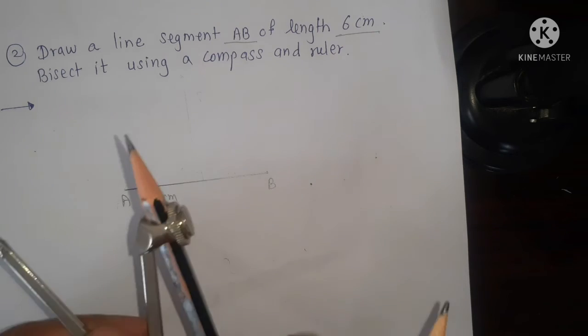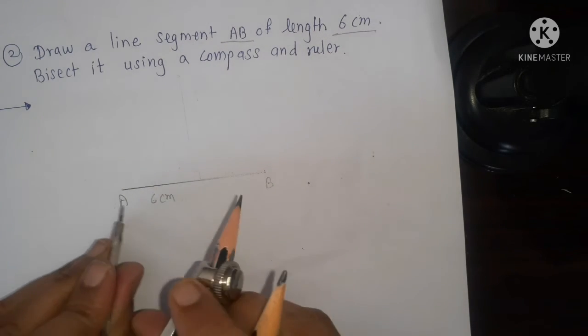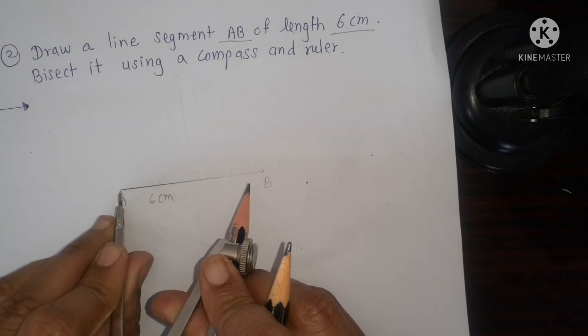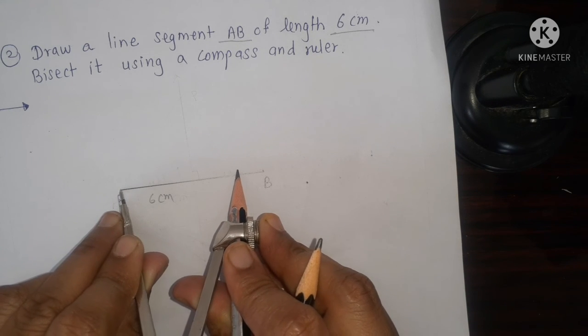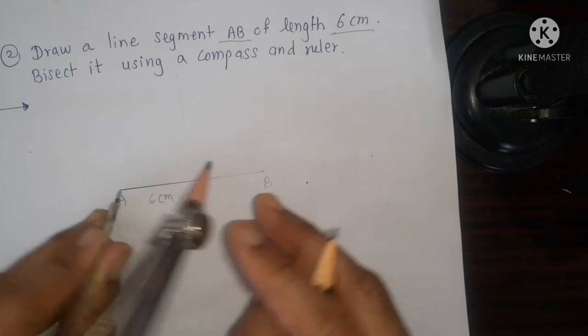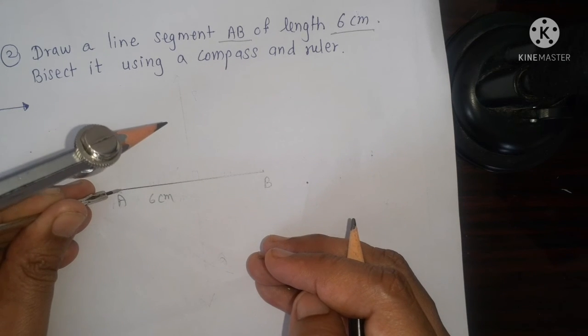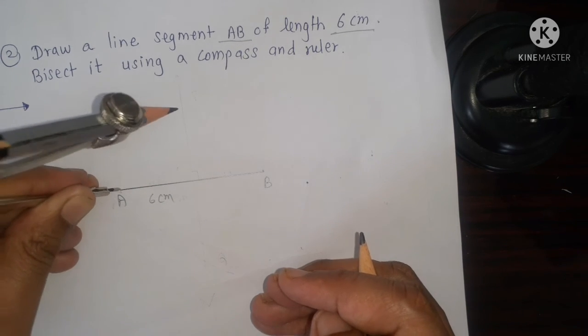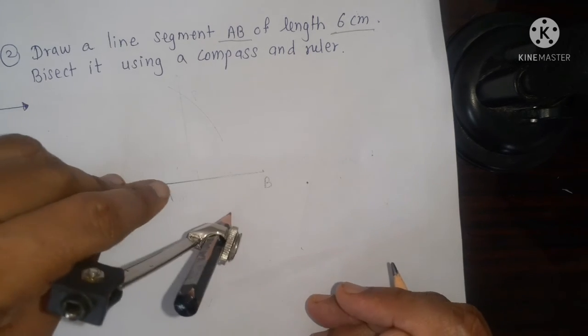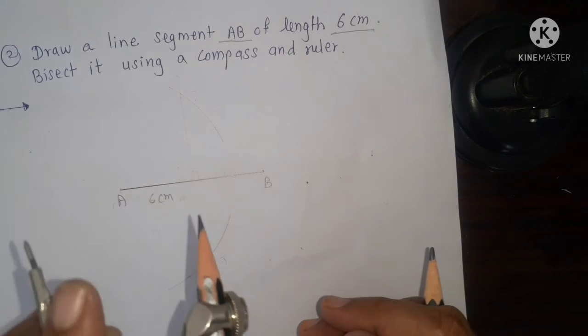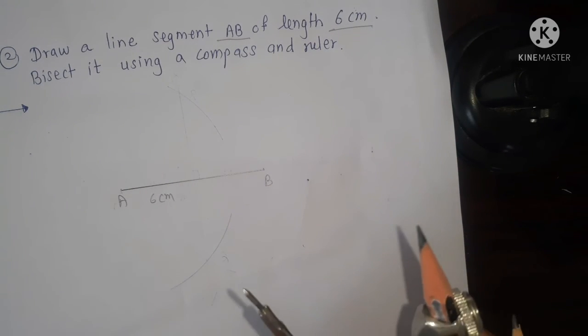Now we can take a compass, place the metal point on A and take a distance greater than half of the distance of segment AB. Draw two arcs above the segment and below the segment from point A. Keep the distance constant.